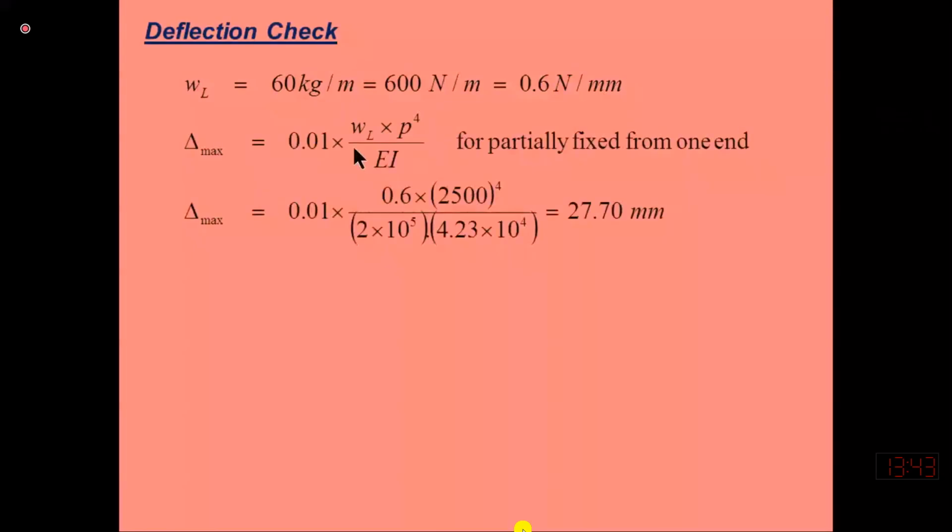We are using this formula. These formulas are also given in the LRFD manual. I told you that the roof sheets are firmly connected with the purlins. So you can even consider this formula for the simply supported case, but I have considered it as partially fixed from one end. So we are assuming that the sheet is partially fixed. This formula we have already discussed. Maybe again, I would like to show this formula.